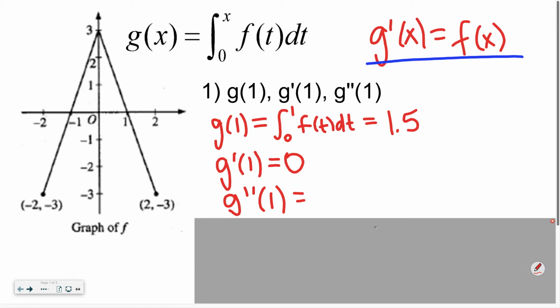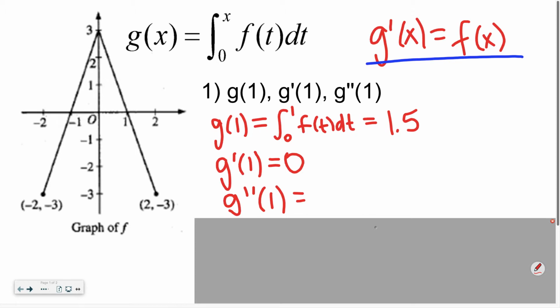Xander, what feature of the graph are we looking for if I want G double prime? What did you guys talk about? Okay, well, we know that this is F, right?